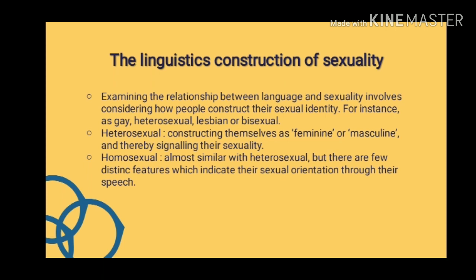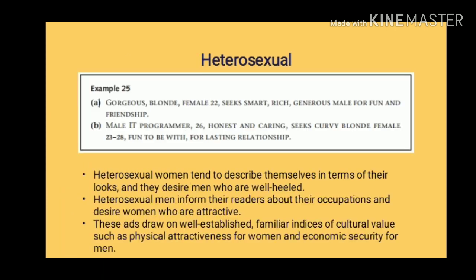Homosexual people may use the same linguistic features to convey the same meanings in many contexts, but there is a good deal of research, especially on features of the speech of homosexual men, which indicates that they may draw on additional linguistic resources for indicating their sexual orientation through their speech.